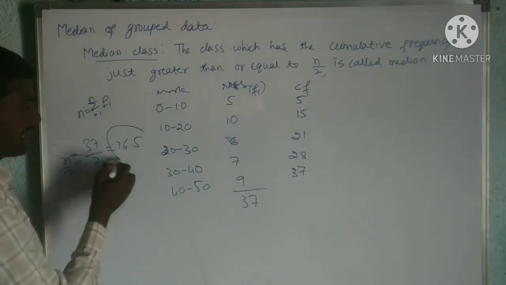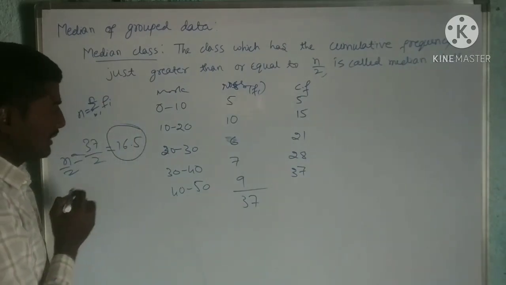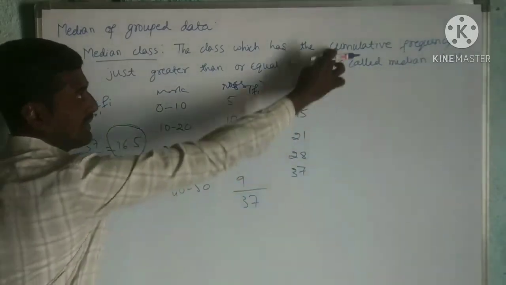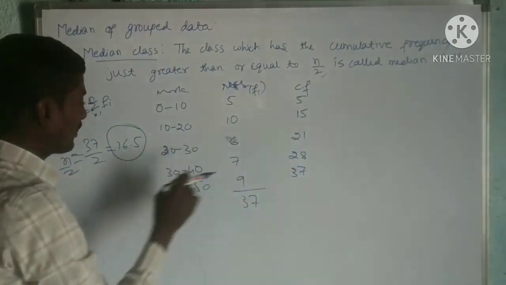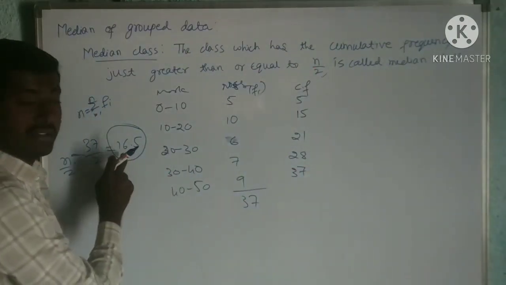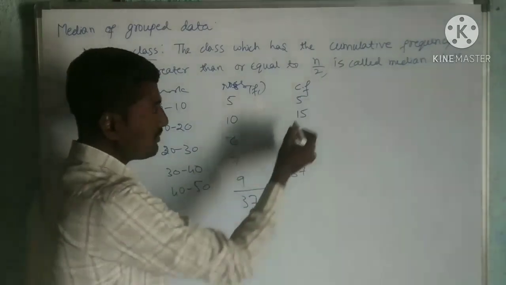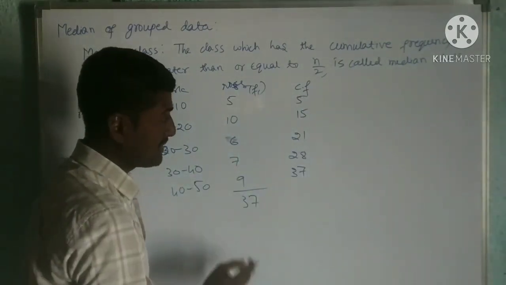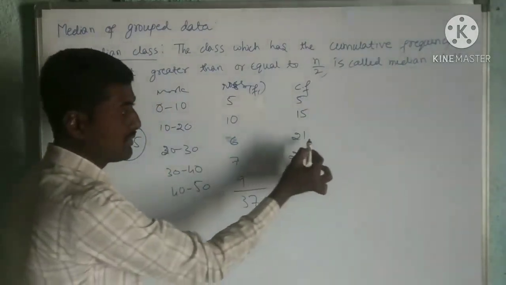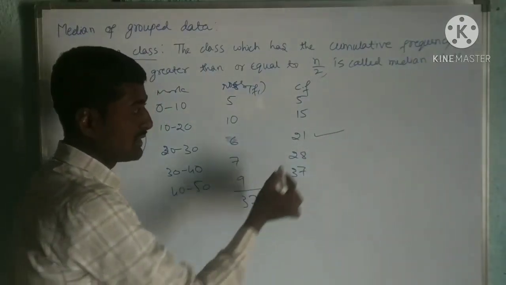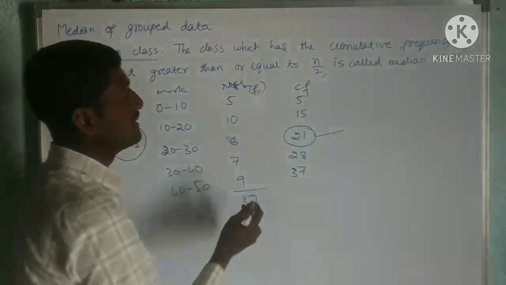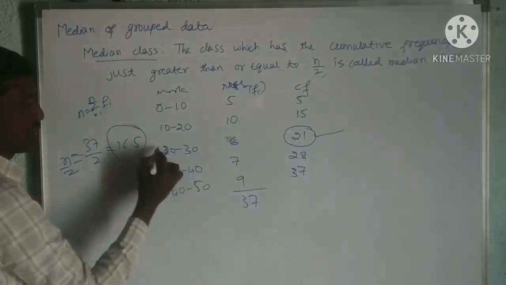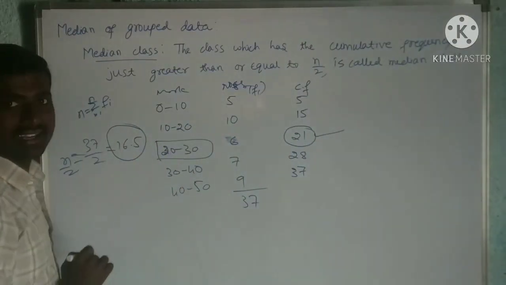I got n by 2 here as 16.5. The cumulative frequency just greater than 16.5 is 21, so the corresponding class will be the median class.